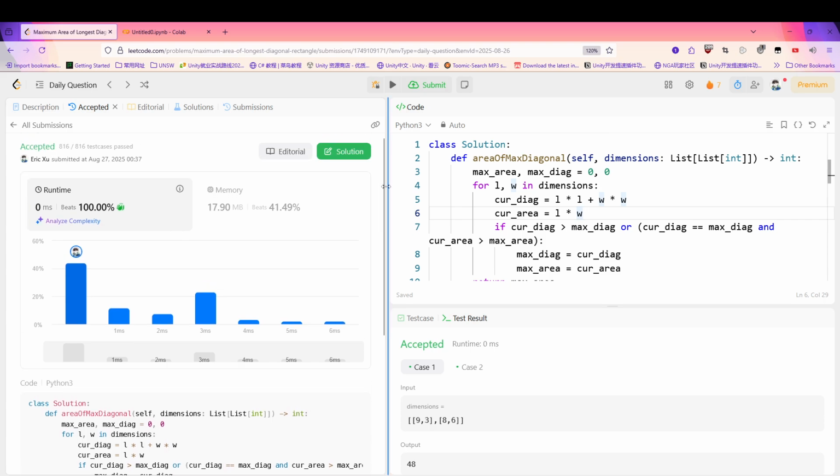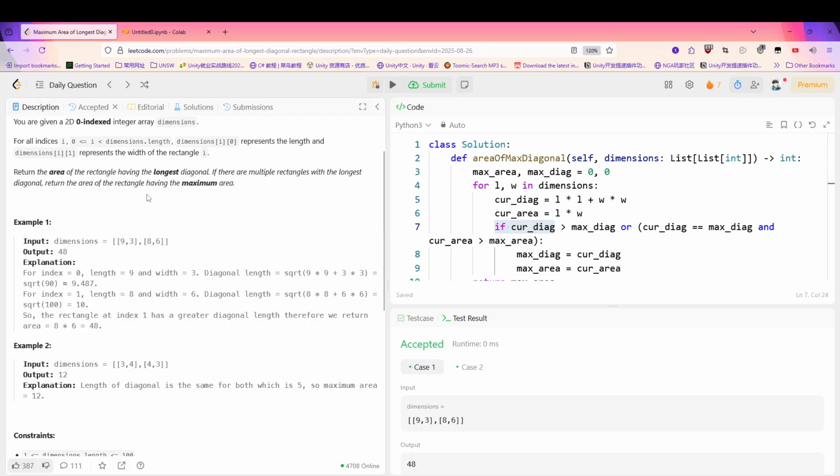I hope you remember that when you write the if condition, you need to read the description here: if there are multiple rectangles with the longest diagonal. Remember, every sentence in LeetCode is like a hint or tip that can help you understand the question better.